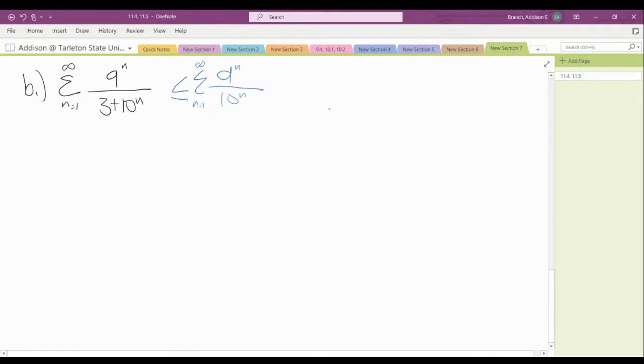Now we are left with our series of 9 over 10 to the n, which could also be written as 9 over 10 times 9 over 10 to the n minus 1, giving us the form of a geometric series.